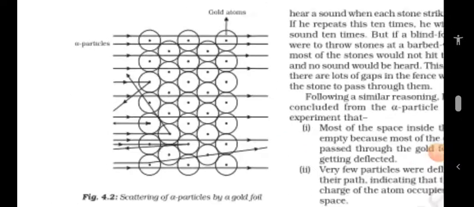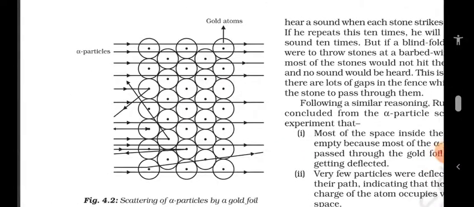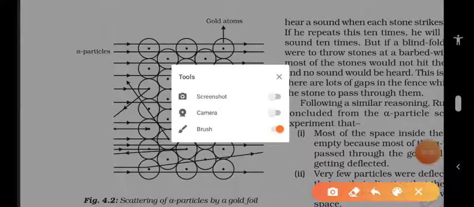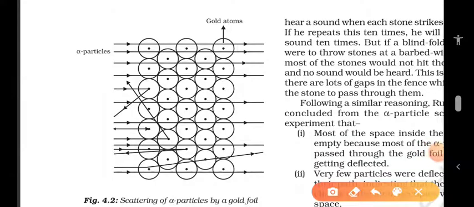See, this is the diagram for that gold foil experiment. Here, these round circles are gold atoms. All are gold atoms. Here it is written alpha particles. What is an alpha particle? An alpha particle is nothing but a positive charge.